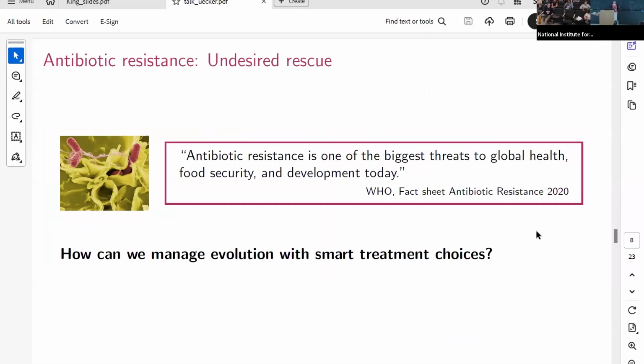This is an instance of undesired evolutionary rescue, and it's one of the biggest threats to global health. The question is, how can we manage evolution with smart treatment choices? Because the way we treat influences how the pathogens evolve, and we want to do this in a way that drug resistance ideally does not evolve, or at least the evolution of drug resistance slows down.